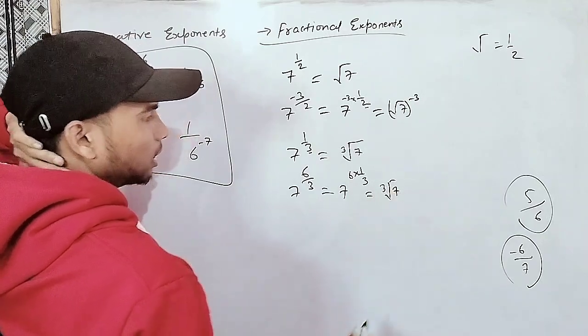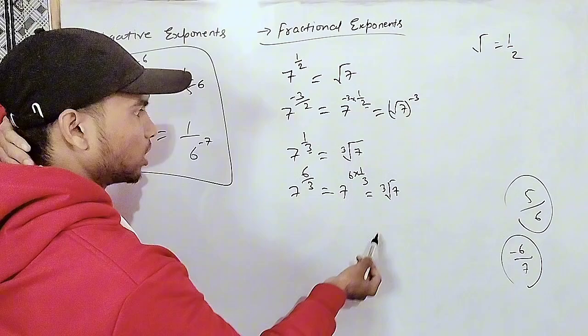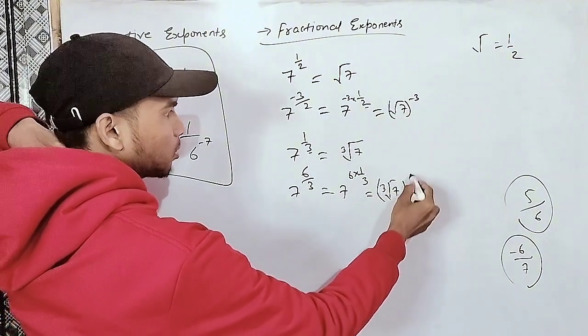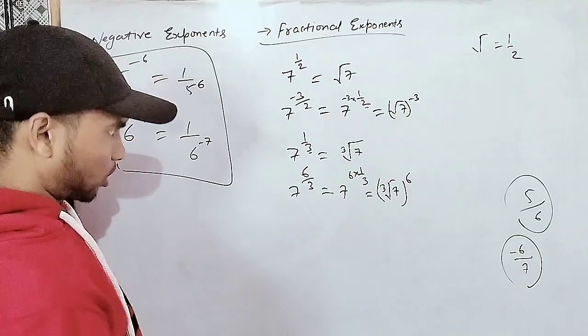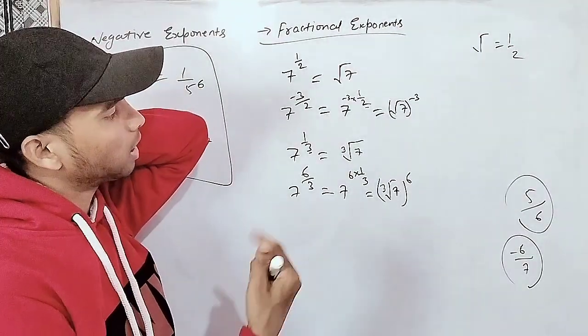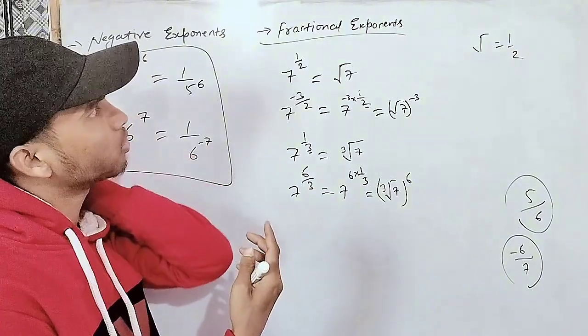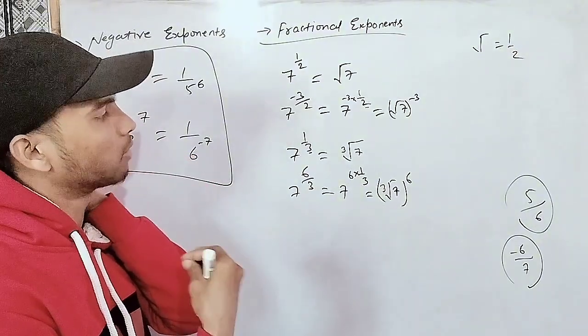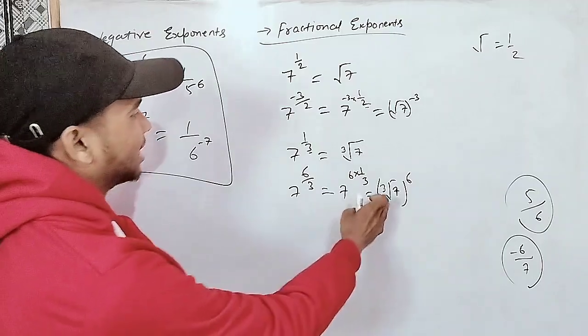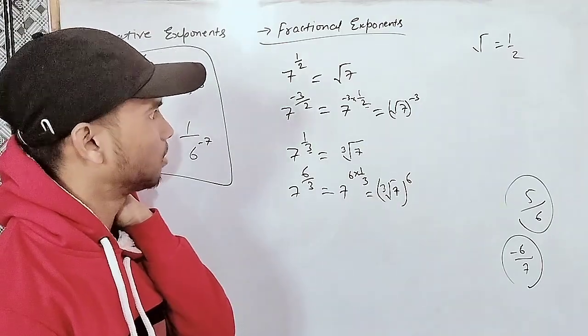The 3 will be written here, so the denominator will be written here, and now we have 6, which is the exponent. Clear? So the numerator would be the exponent in the case of fractional exponents, and the denominator will be written on this side. Clear, brother?